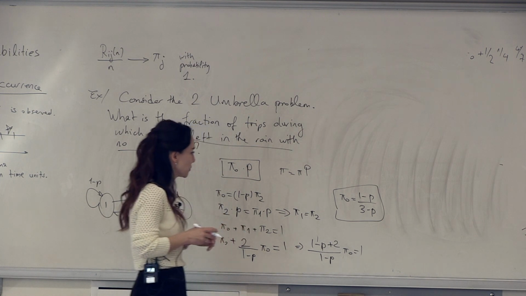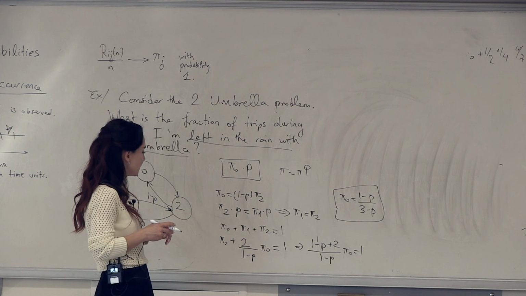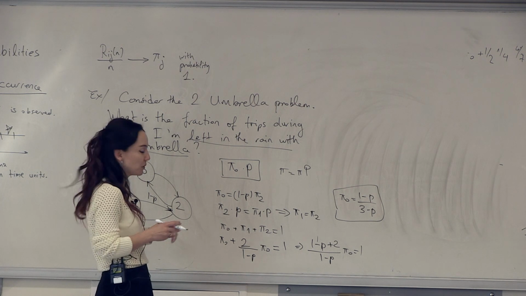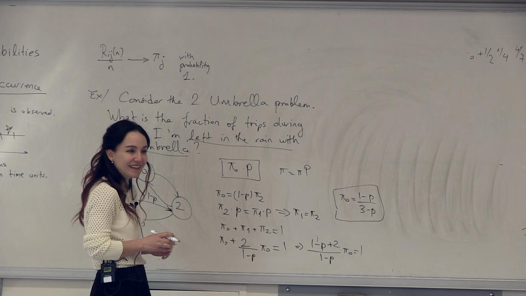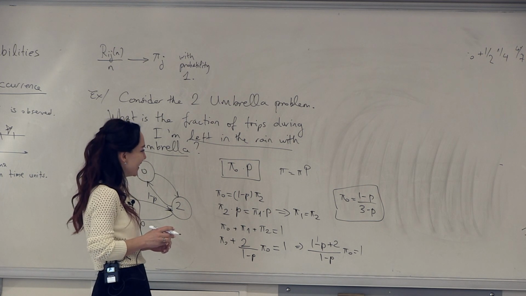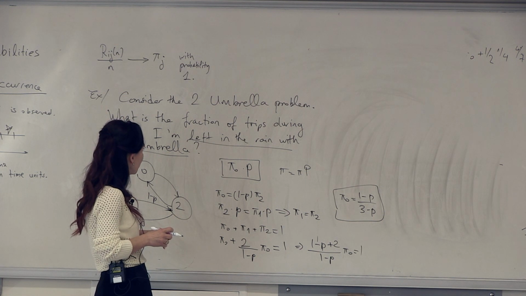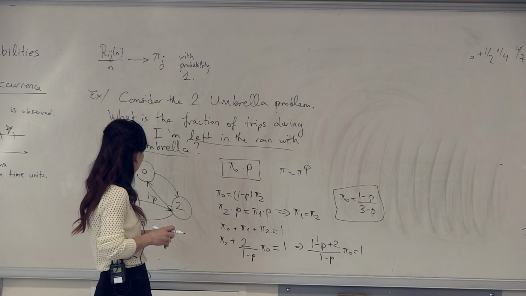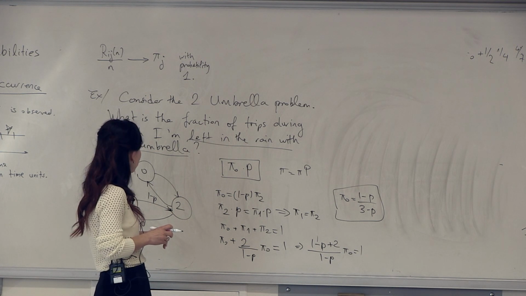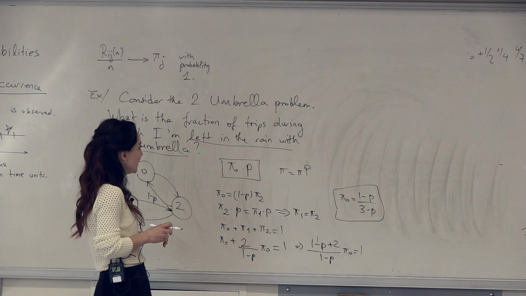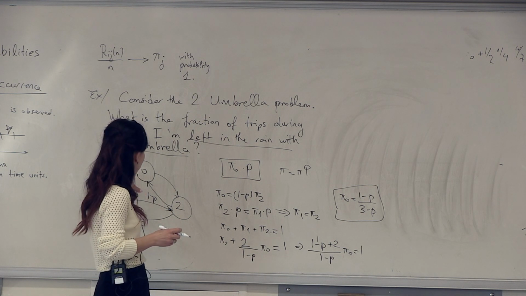If p is getting close to 0, so maybe I have a mistake here. Shall we check? Right. So if p is going to 0, then it depends on in which state this gets started.